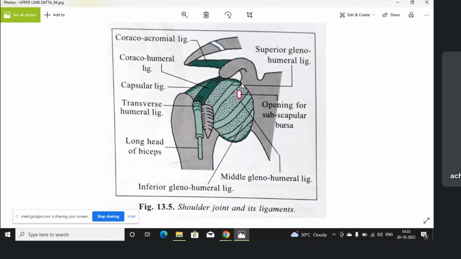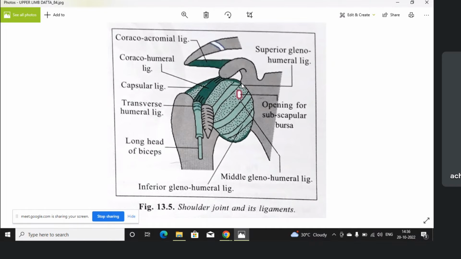Above attachment. Then it runs downwards and attaches below to the lower part of the lesser tubercle of the humerus.